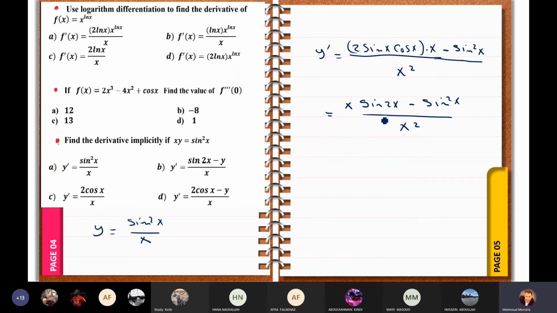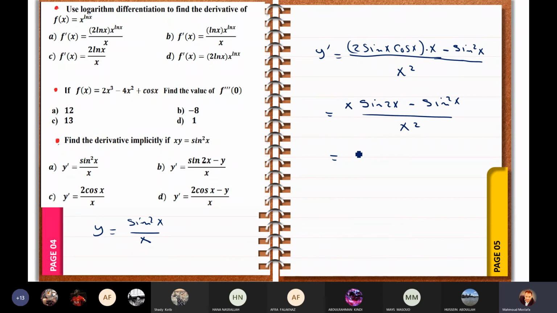Okay. Now, we don't have the same here, but we have another using y, as you see here. Y is what? Sine square over x. Look here.